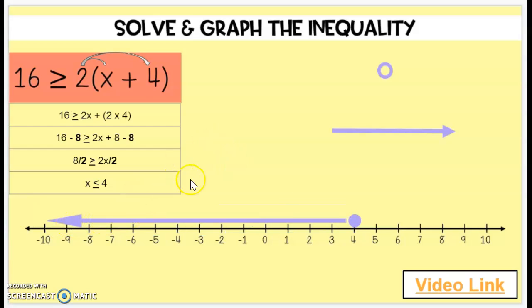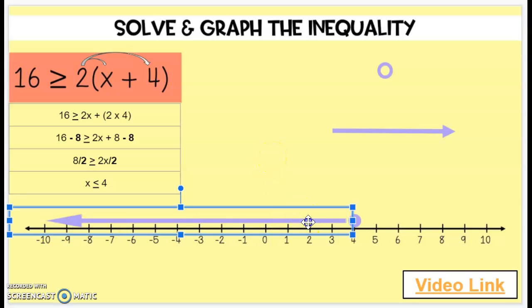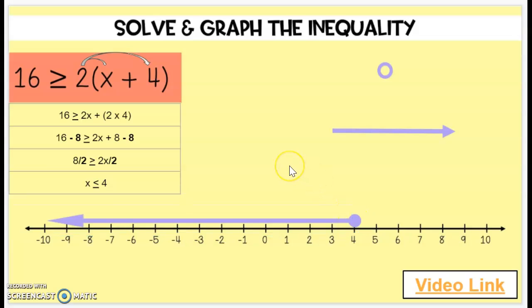So the reason why I always put my variable on the left is that way my inequality symbol points the direction that I need to be graphing this arrow right here. If it was pointed in the other direction, it may be a little bit harder to figure out which way your arrow is pointing.